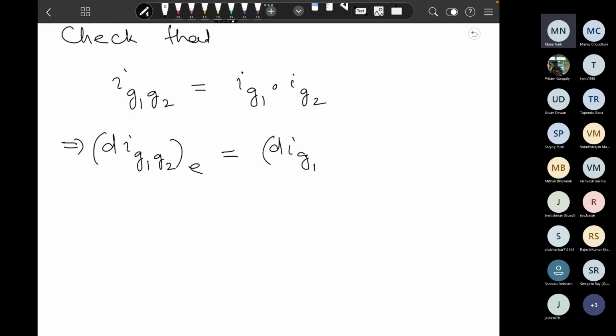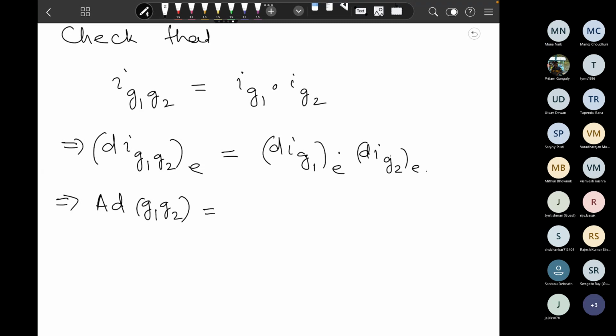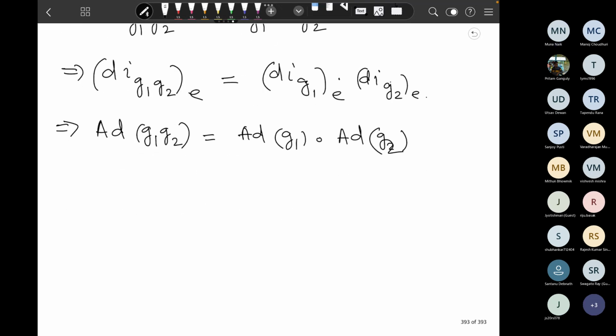this is really d I_g1 at the point E composed with d I_g2. If I take the derivative at the point identity, this will give you R_{g1 g2}, which is really R_g1 composed with R_g2. So that means this map R from G to GL(g) is a group homomorphism.